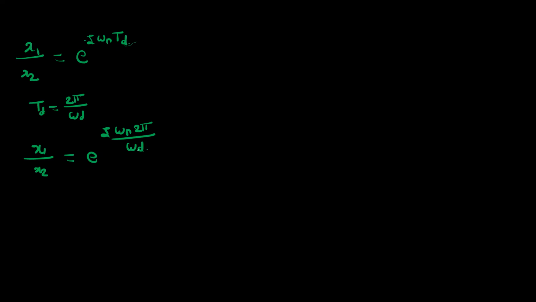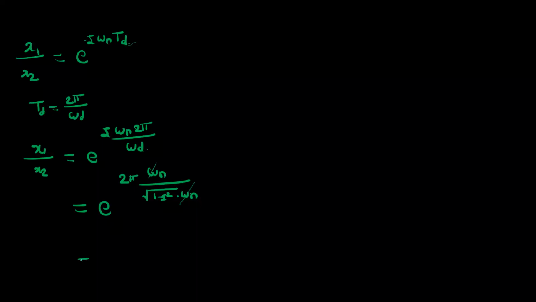And this omega d value is square root 1 minus zeta square into omega n. So finally omega n will get cancelled.